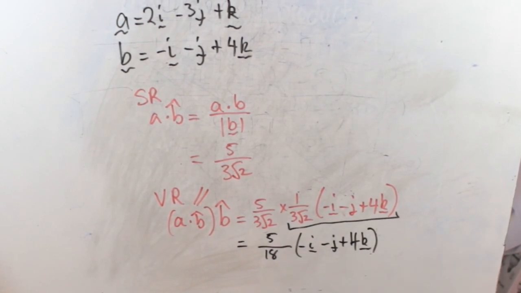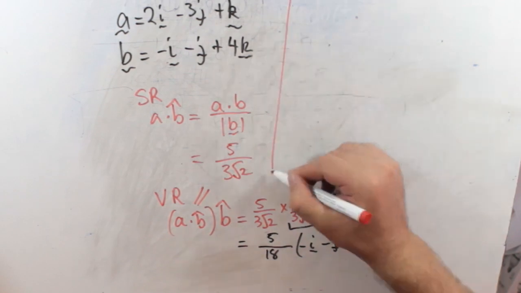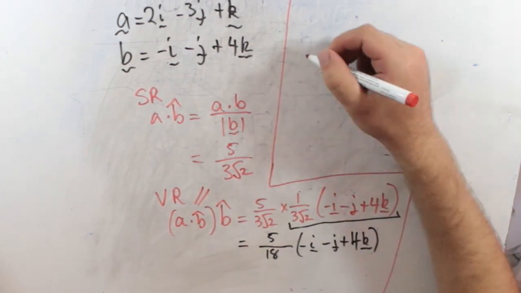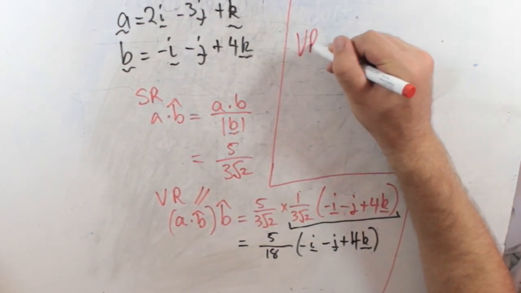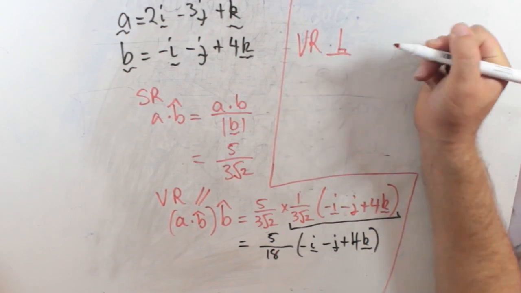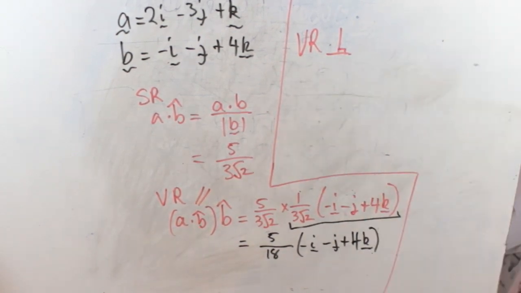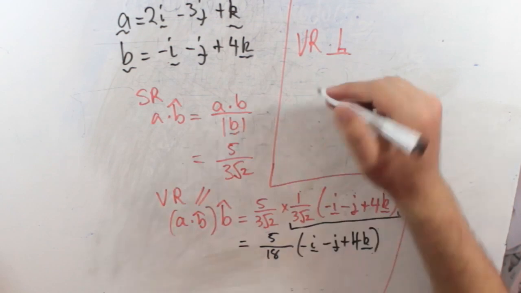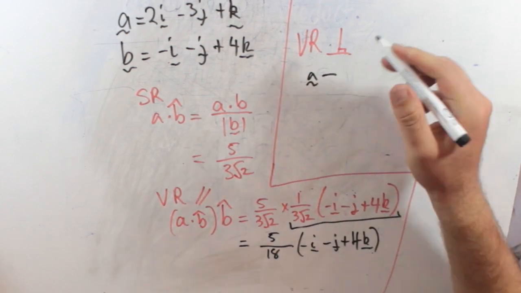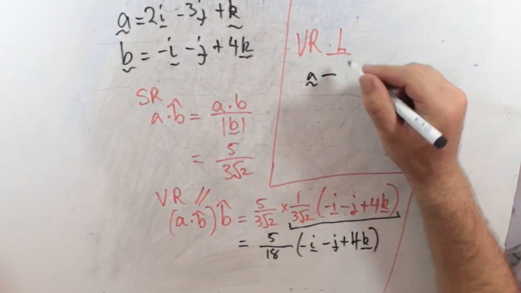That's nice. Okay, now last but not least, I'm going to use this bit over here. Let's go to the vector resolute perpendicular of A perpendicular to B. So I want vector A minus all the thing we just found.